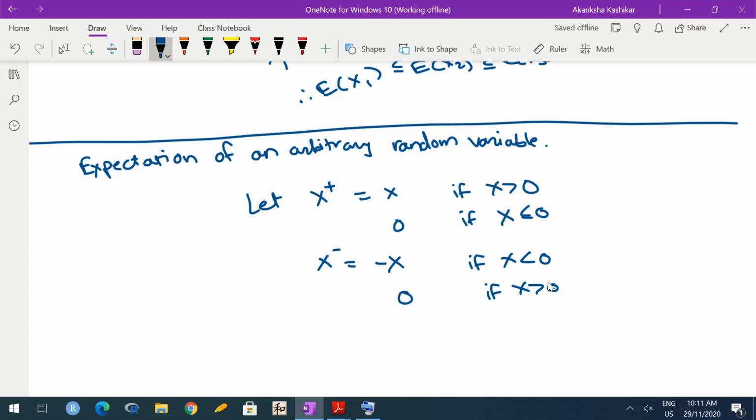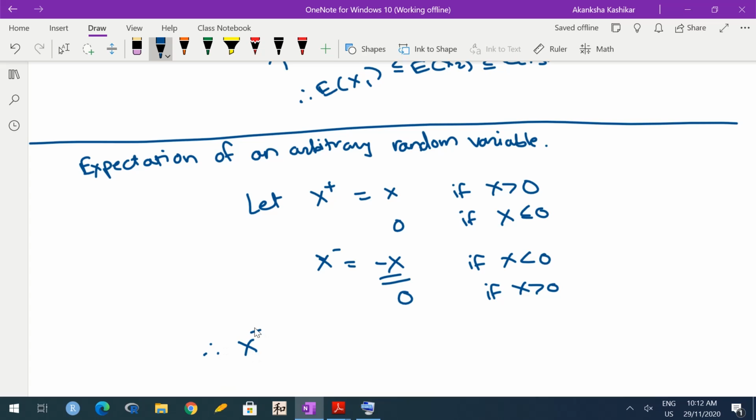So x plus and x minus are positive and negative parts of random variable, but notice that individually both of them are non-negative. Okay, so x minus, even if we call it as a negative part, actually the values are positive because of this part. See, x minus is minus sign into x if x is negative. So if x is negative, then negative x multiplied by this minus sign would become positive.